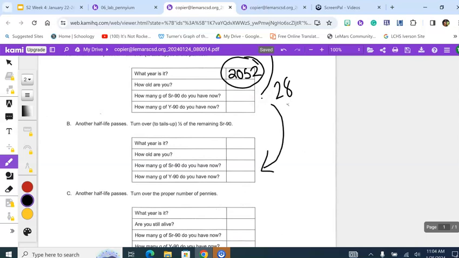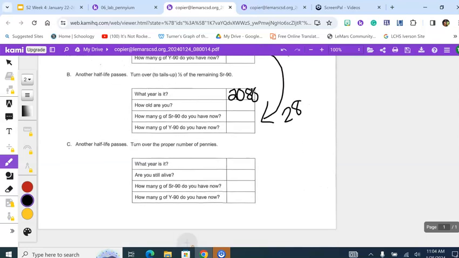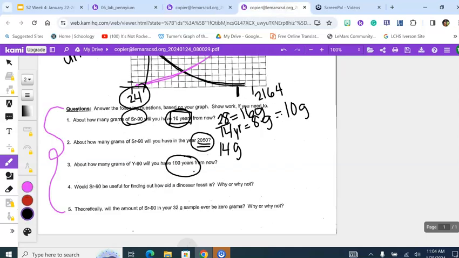This would be another half-life, 2080. This would be another half-life of another 28, which would be around 100 years. So how much would I have left? I think it's safe to say somewhere between 4 and 2 grams-ish.